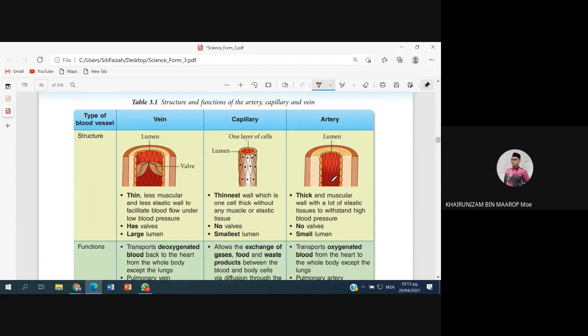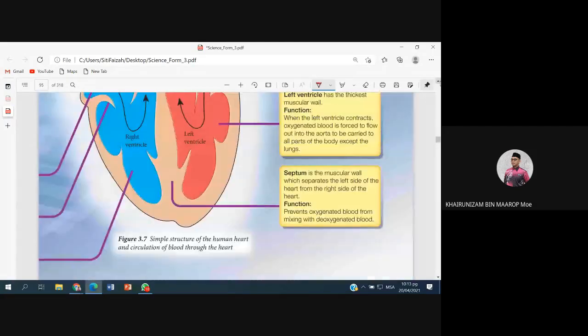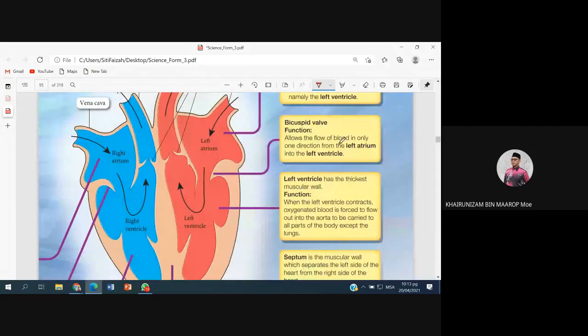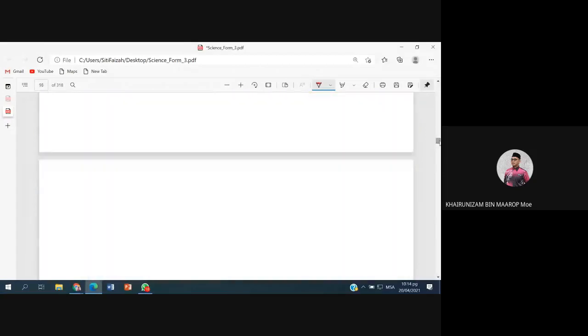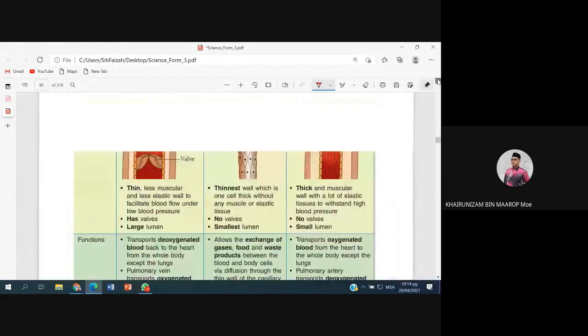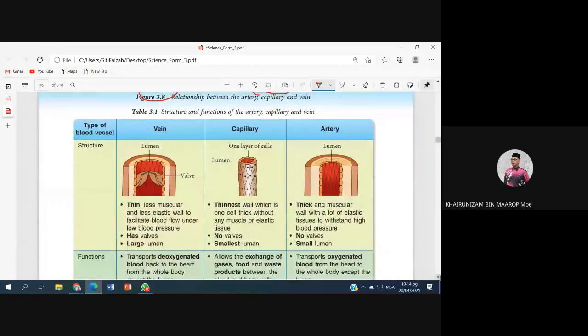If you look at the structure of the heart, the left ventricle has a thick wall to pump the blood and deliver it to all body parts. That means the blood flows at high pressure, so the artery must have a thick and muscular wall to withstand the high blood pressure.